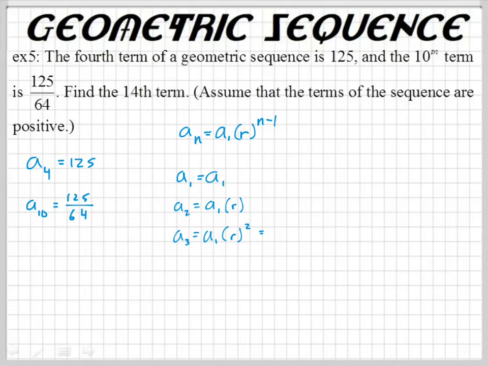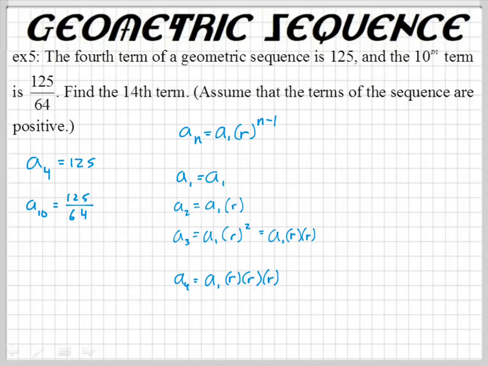You can write it like this, though: a sub 1 times r times r. 2 ratios. And then for the fourth one, we would take the first term and go r times r times r. How many r's? Just 3 r's? That's correct.